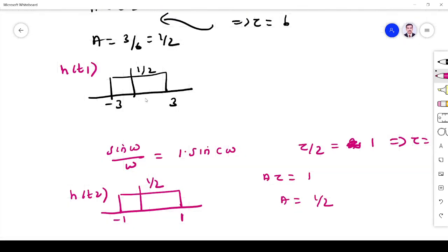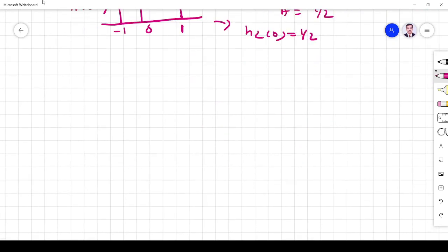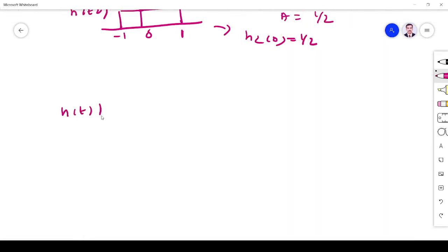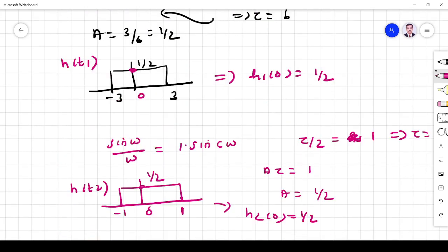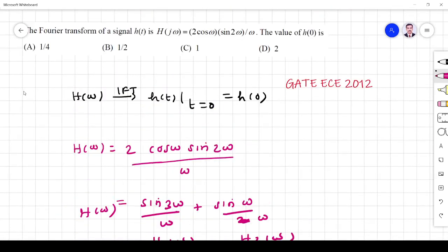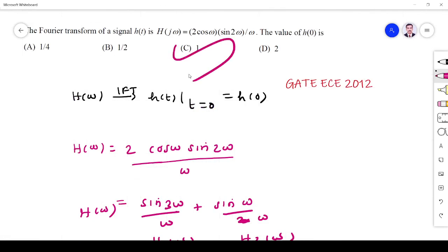So h1(0) is 1 by 2, and for this also h2(0) is 1 by 2. So h(t) is the sum of these two. H(t) at t equal to 0, which is h(0), is given by 1 by 2 plus 1 by 2, which is 1. So the answer is 1, and option C is the right answer. Thank you.